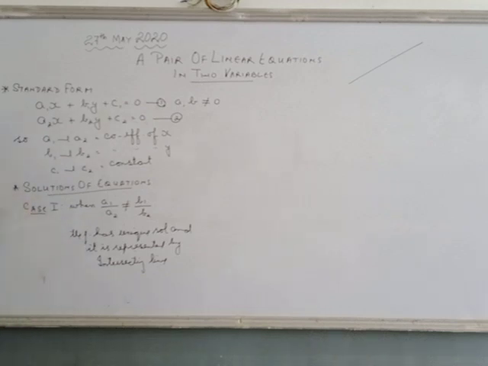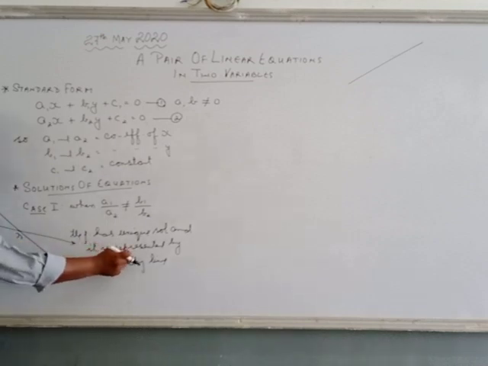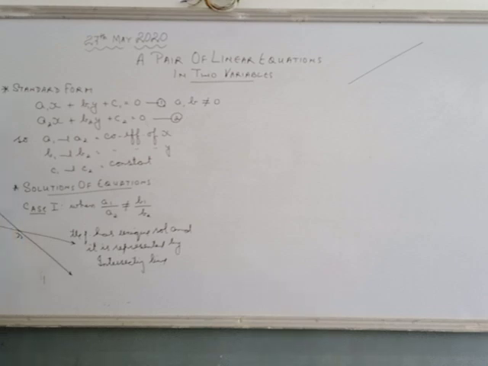As in class 9, when we drew a graph, it was one straight line representing an equation, and here it is intersecting lines. Both these lines are intersecting at one point. We say it is having a unique solution. This point is the unique solution of the two equations.